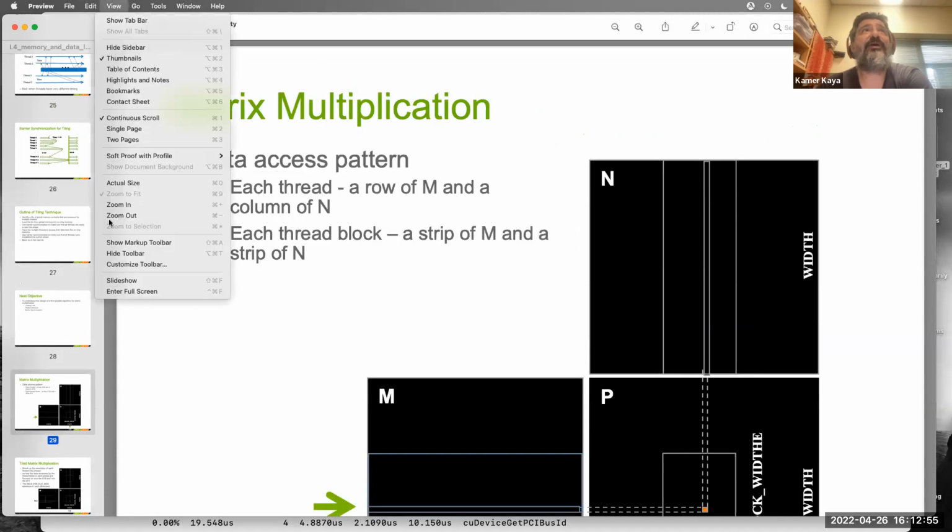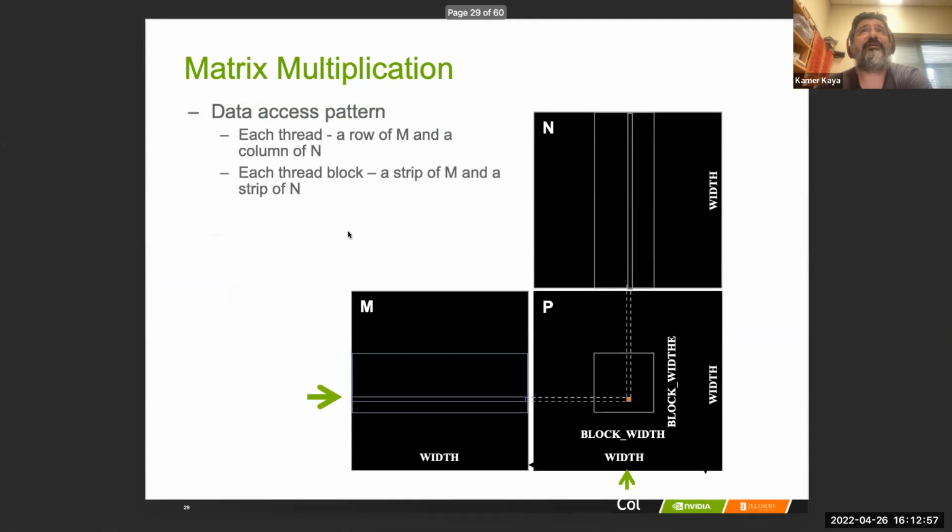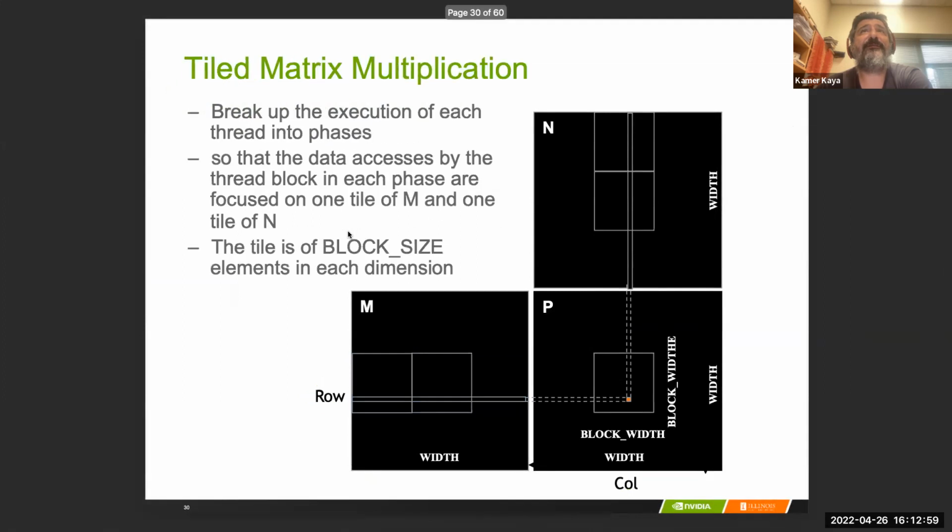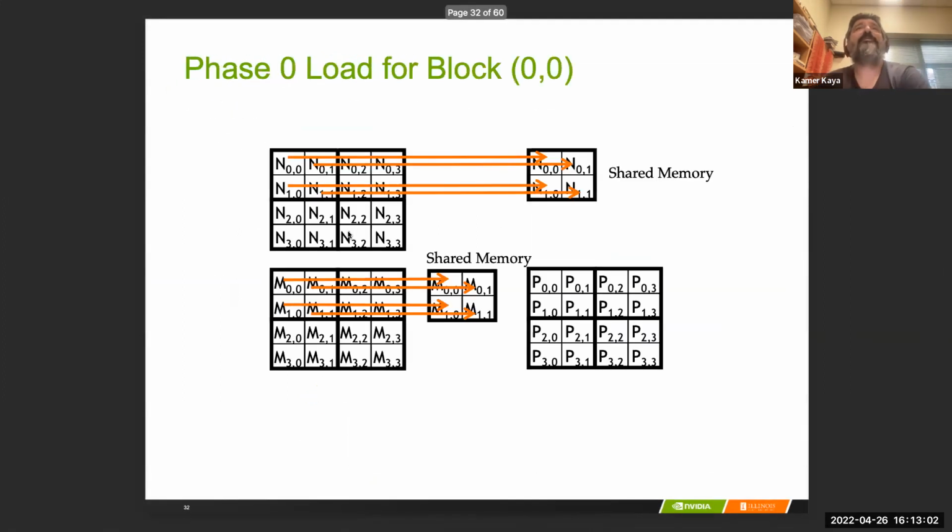Okay, so let's go back here and go over it again. These are 4 blocks, 4x4 matrices, 2x2 blocks. And this block here first reads a tile from global memory and brings it to shared memory.